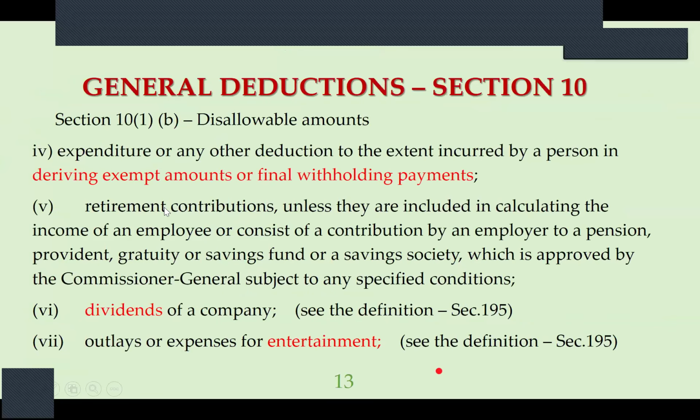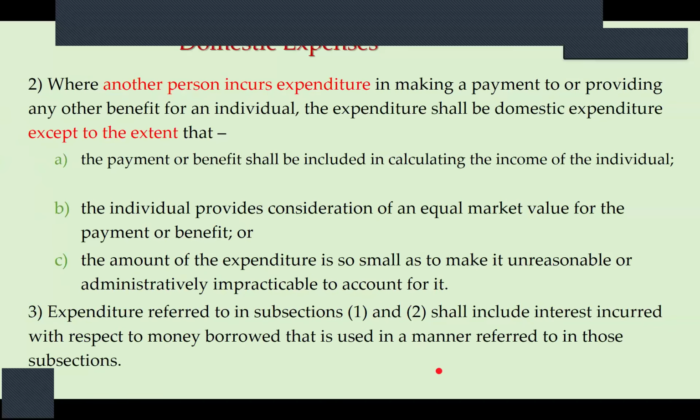That means the payment or benefit shall be included in calculating the income of the individual. So what is the meaning of that? For an example, as an employer, I pay some amount to my individual. The individual means that employee, individual means not the person, individual means a person like me.